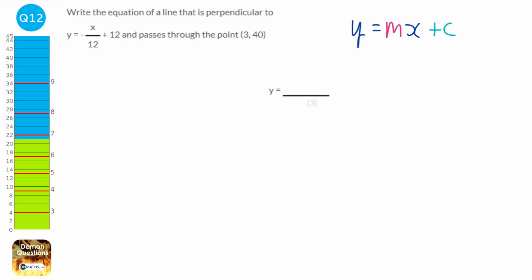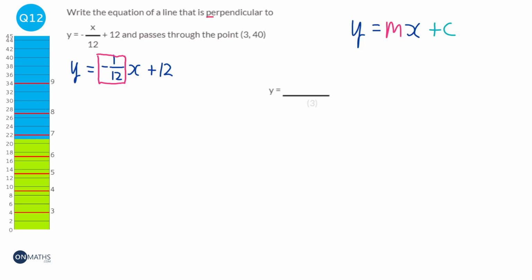Now I'm going to rewrite this a little bit just to make it clearer what the gradient of this is. So I'm going to write this as minus 1 over 12 x plus 12. And you can see that the coefficient of the x is minus 1 over 12. But we're not told that it's parallel to that, so the equation that we've got is not going to have the gradient as minus 1 over 12.